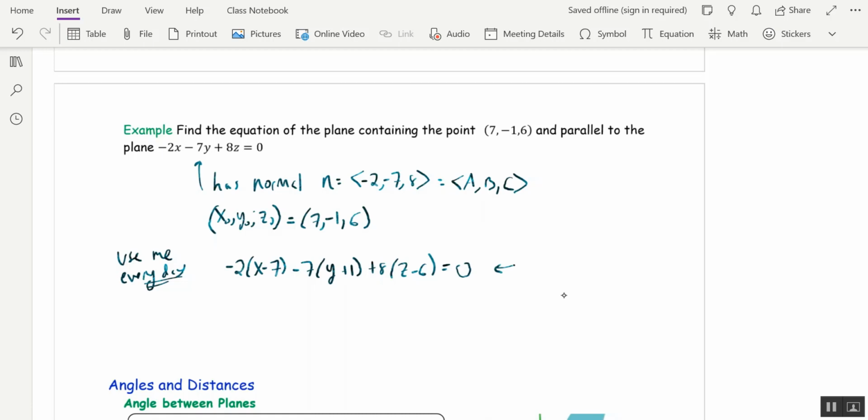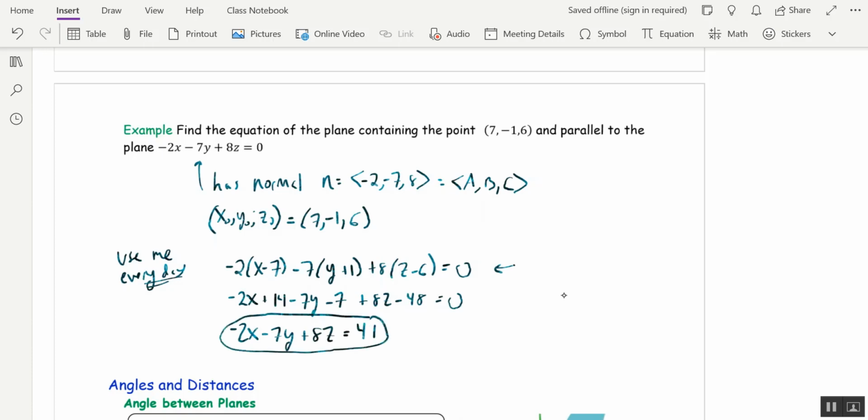I want to see that, and then distribute: -2x plus 14 minus 7y minus 7 plus 8z minus 48 is 0. And then move all the constants to the other side. -2x minus 7y plus 8z equals 41.